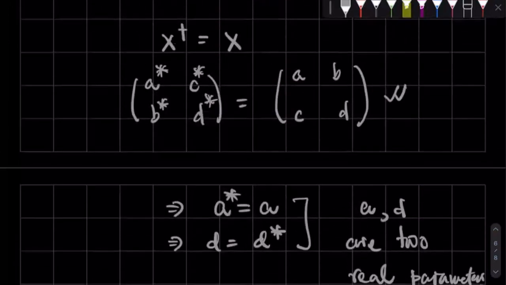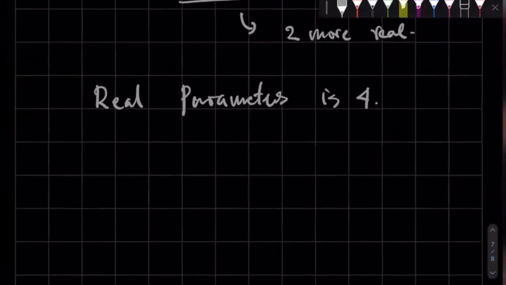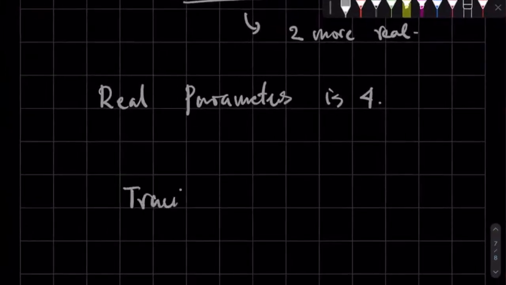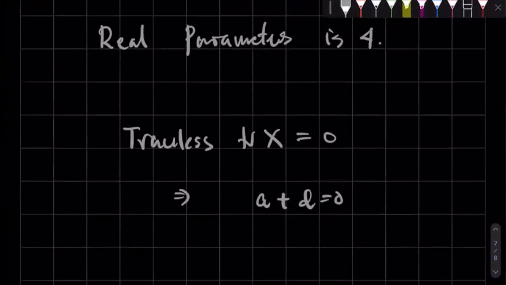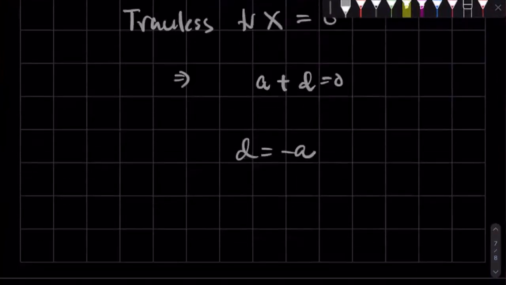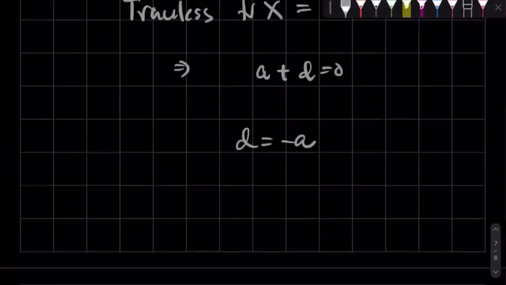But then we have to take into account that it's traceless. So if I say it's traceless, so trace of X is 0. That means A plus D is 0. And therefore, D is minus A, right?